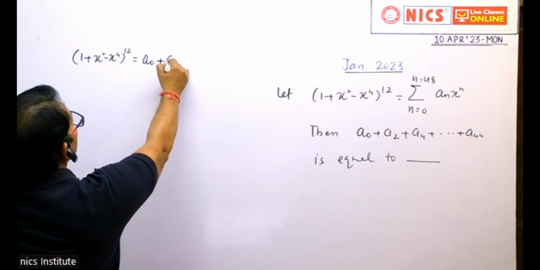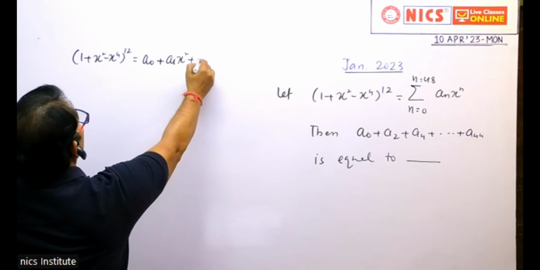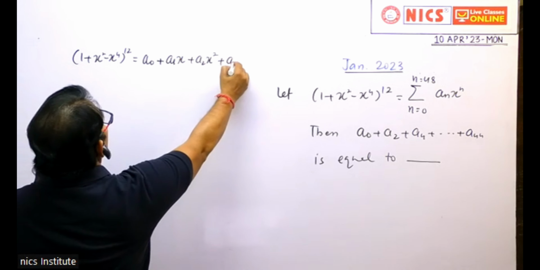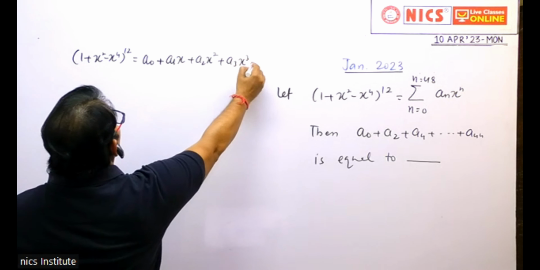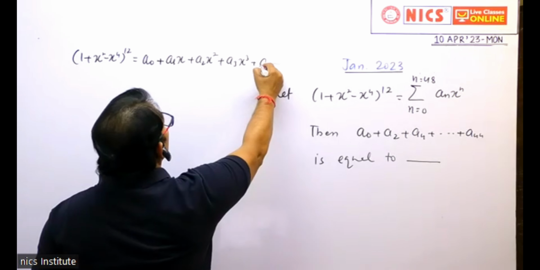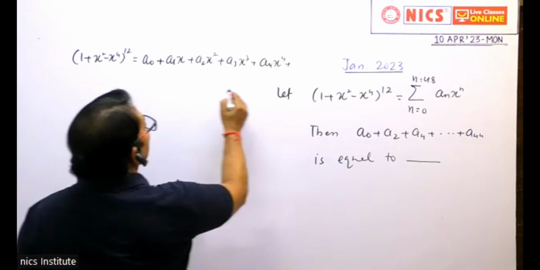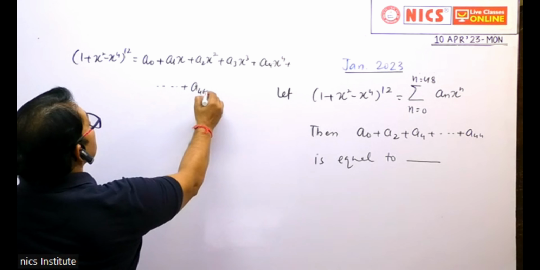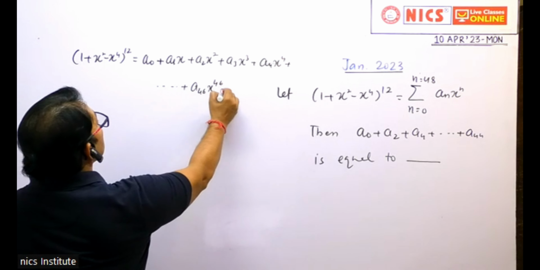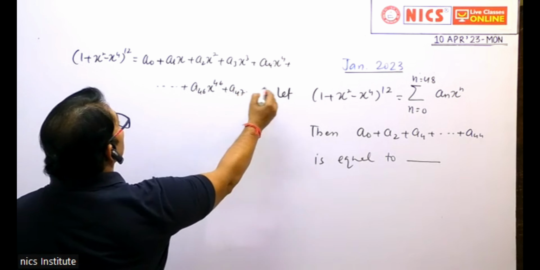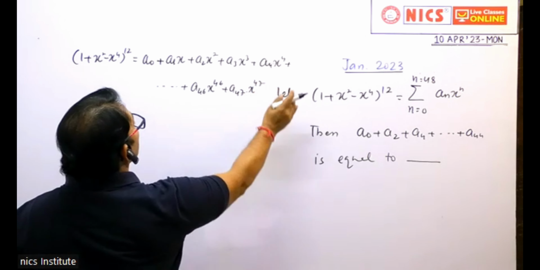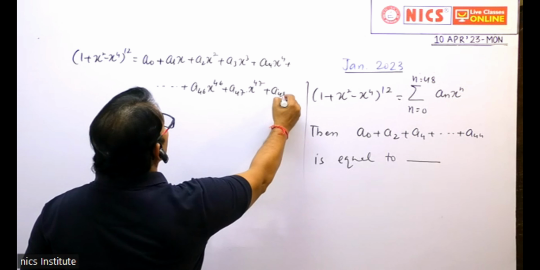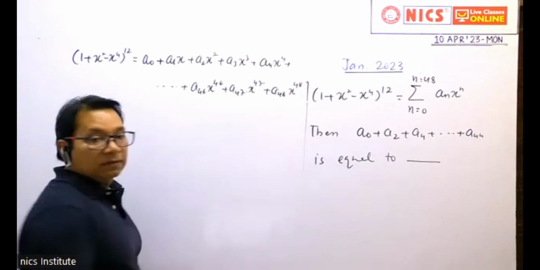You substitute 1, you get a₁x, a₂x², a₃x³, a₄x⁴ and so on till a₄₆x⁴⁶, a₄₇x⁴⁷, and finally the last term a₄₈x⁴⁸.